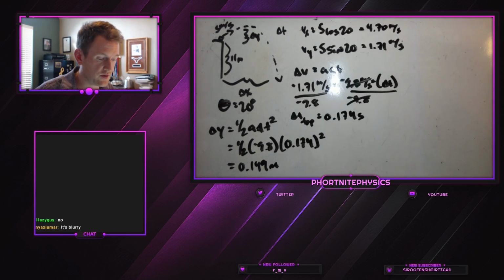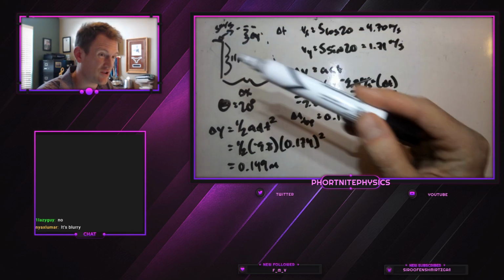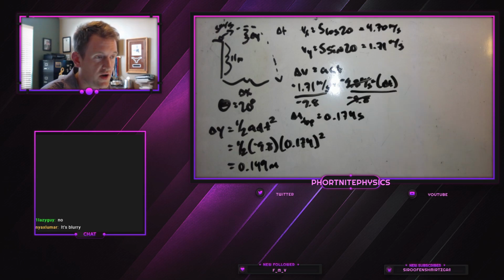That's how high the ball travels upwards from the beginning. And from here all the way down, it falls 11 plus this 0.149 meters, so 11.149 meters.